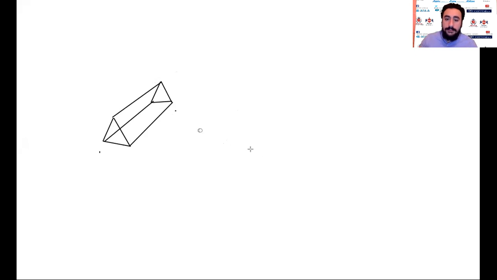How can I draw a square prism or a pentagonal prism? All you need to draw is a pentagon. So I'm going to draw a pentagon here, and from this side, draw another pentagon, but they should be the same.